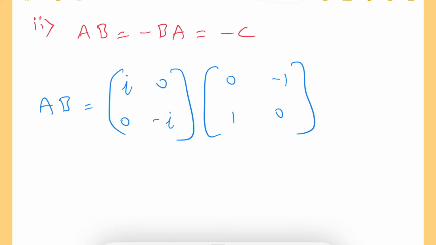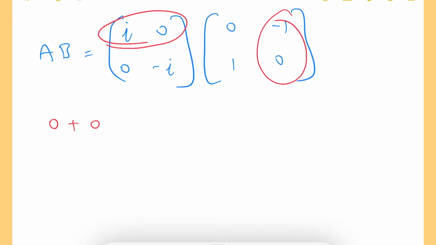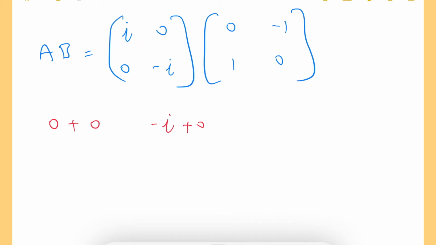If you do multiplication, row into column: i into 0 is 0 plus 0 into 1 is 0. Next, second column: i into minus 1 is minus i, 0 into 0 is 0. First row completed. Now let's move to the second row.